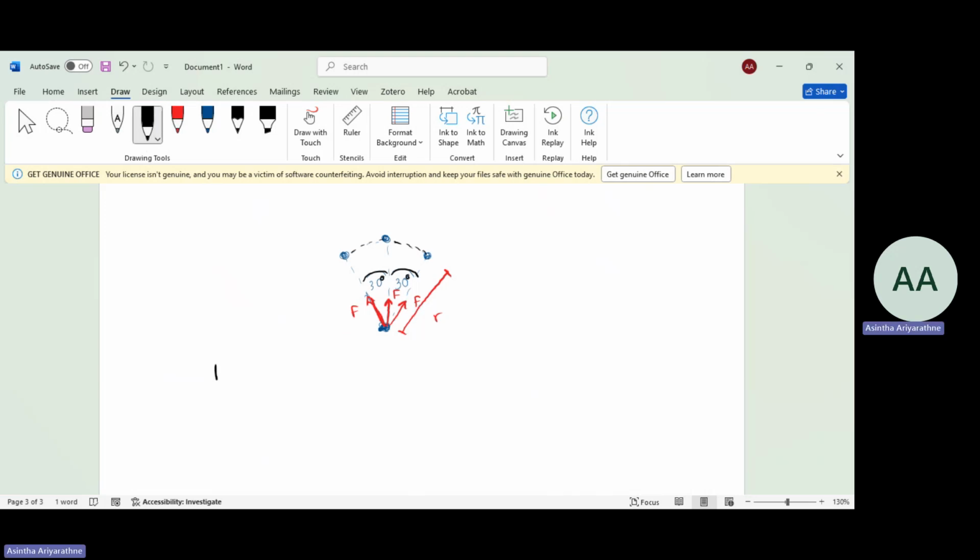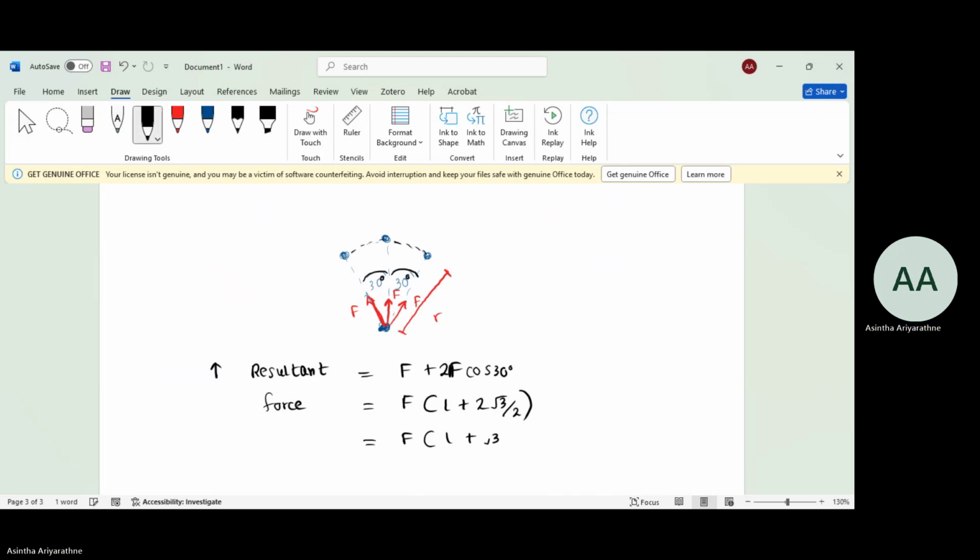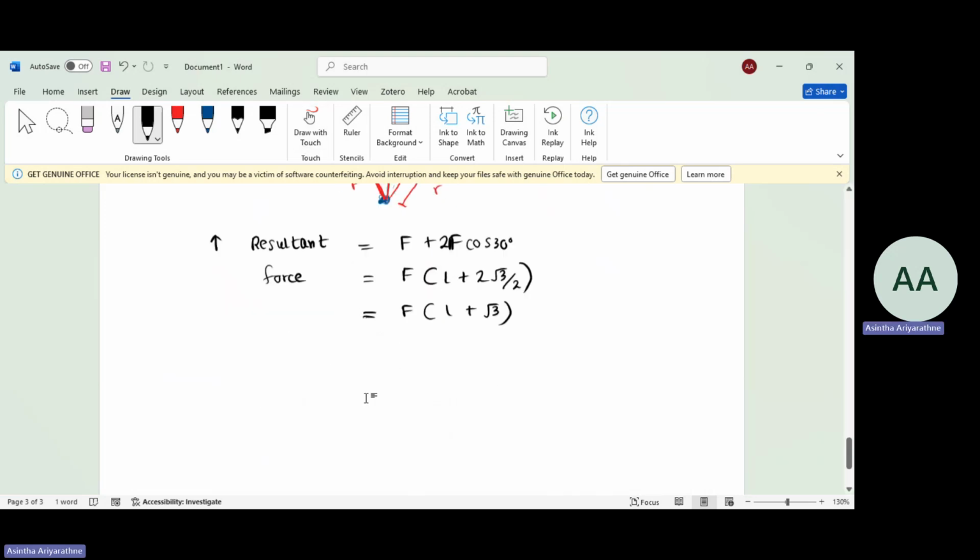The resultant force is upward: F plus 2F cos 30, which is F plus 2F cos 30. F times 1 plus cos 30, where cos 30 is root 3 over 2. So F times 1 plus root 3.